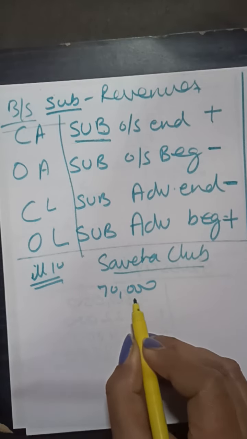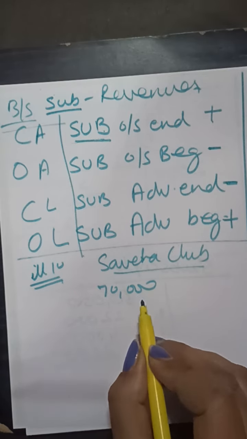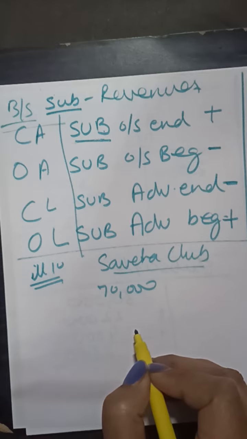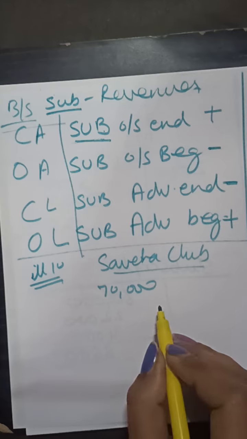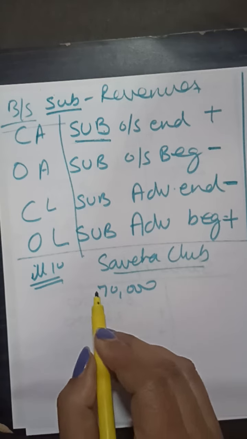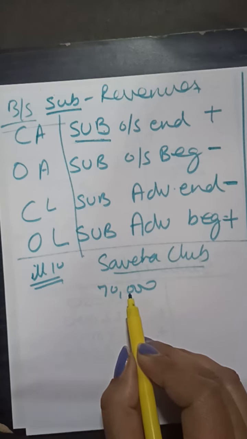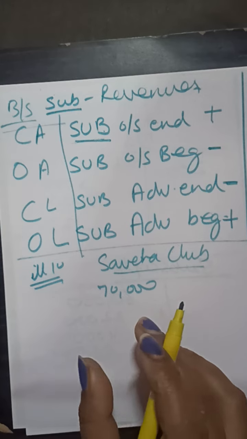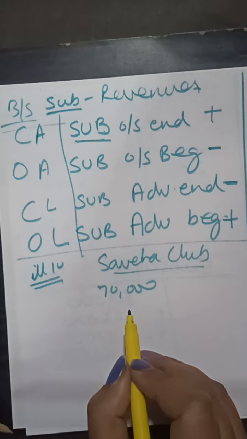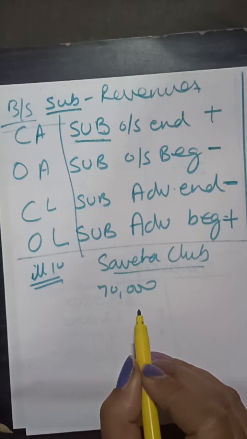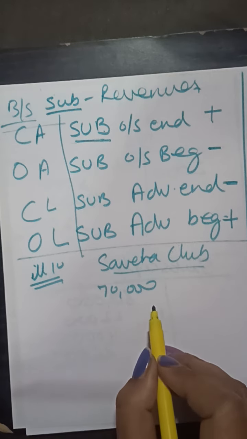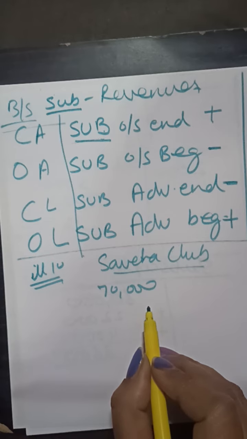From this 70,000, what relates to this year has to be retained. What does not relate to this year has to be taken out. Let us see. I am just doing the income and expenditure treatment for only subscriptions. So in the income and expenditure account, on the income side, that means the credit side, remember, children, the income and expenditure account is a nominal account.